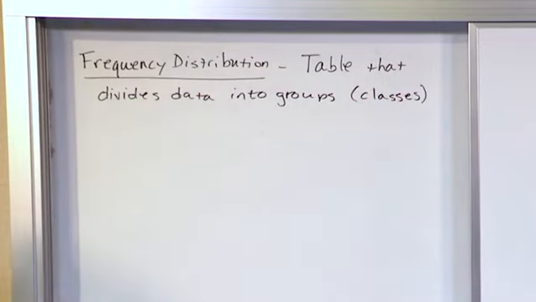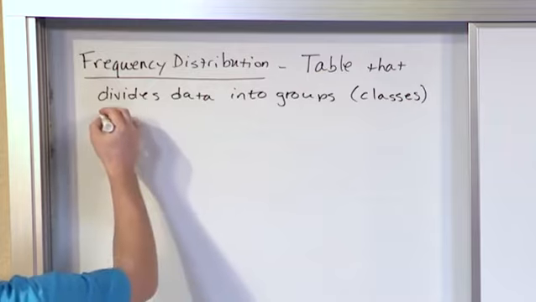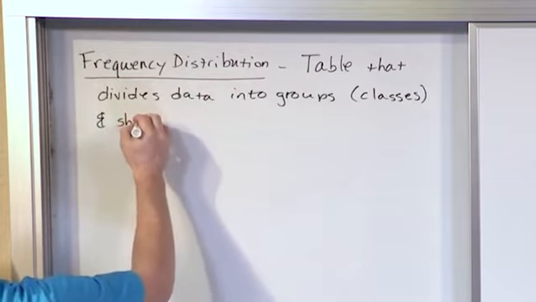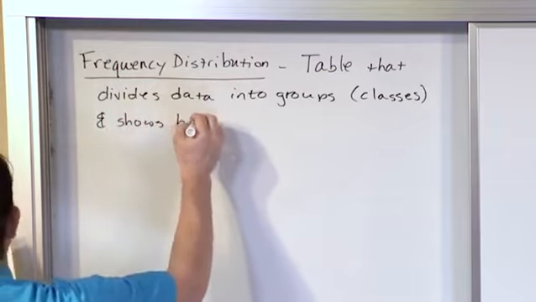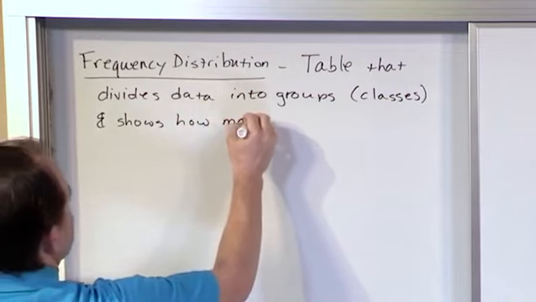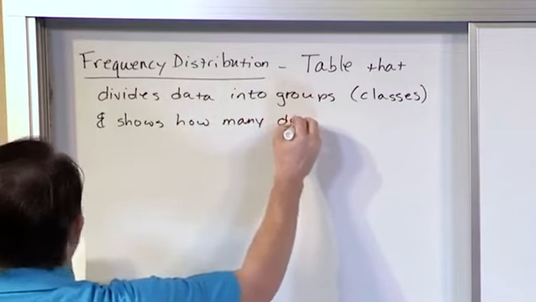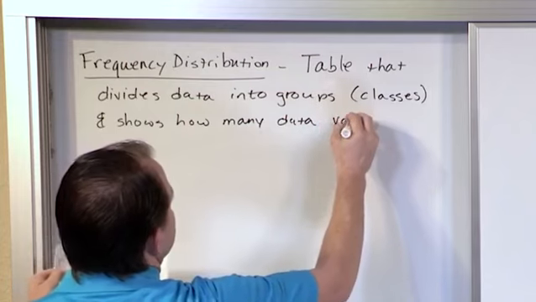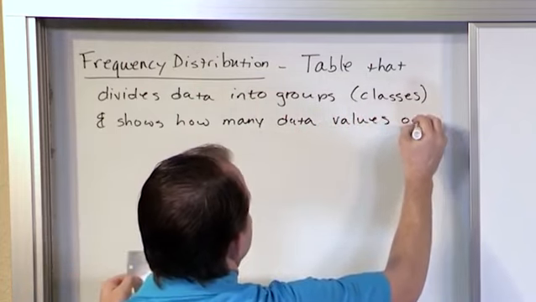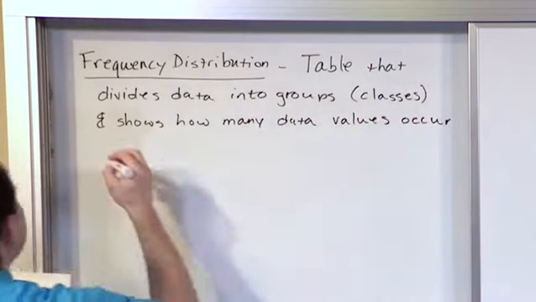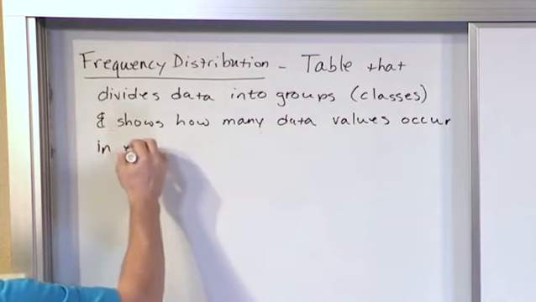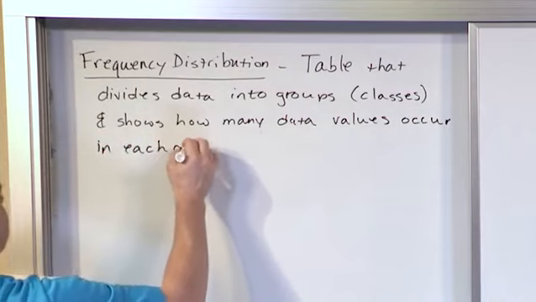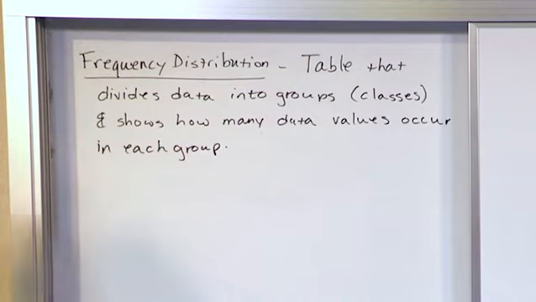So it divides data into groups we call classes and shows how many data values occur in each group. All right, so that's it.